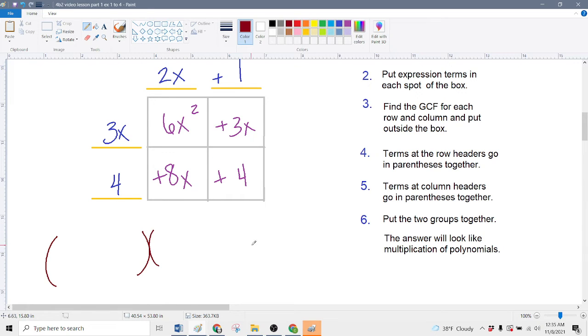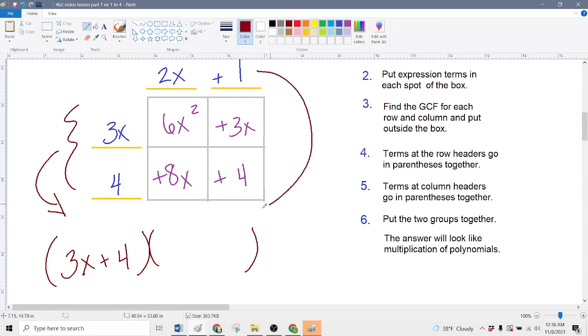Now, of course, your answer is going to need 2 sets of parentheses. These side terms, they're going to go inside that first set, just like so. So we'll take the 3x. Guys, it's really important you remember, here's a plus, it's invisible. But between these two terms, we've got to have an add or subtract. If you don't see a minus here, it's an add.